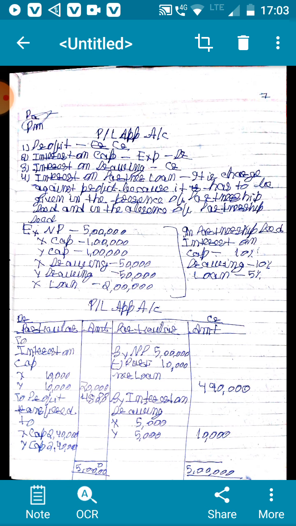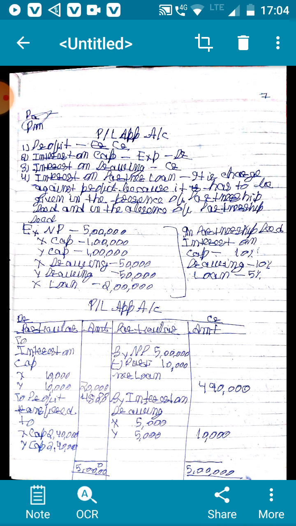Now we will have to prepare the profit and loss appropriation account and show the statement. First we have to look whether there is a partnership deed or not. In the question there is a partnership deed, so we have to provide interest on capital and interest on loan.